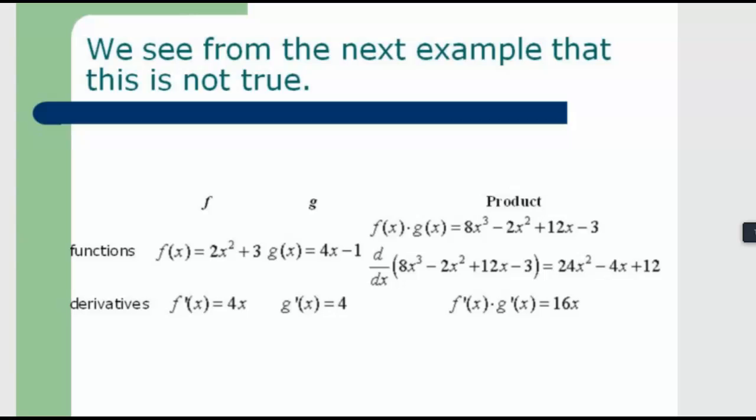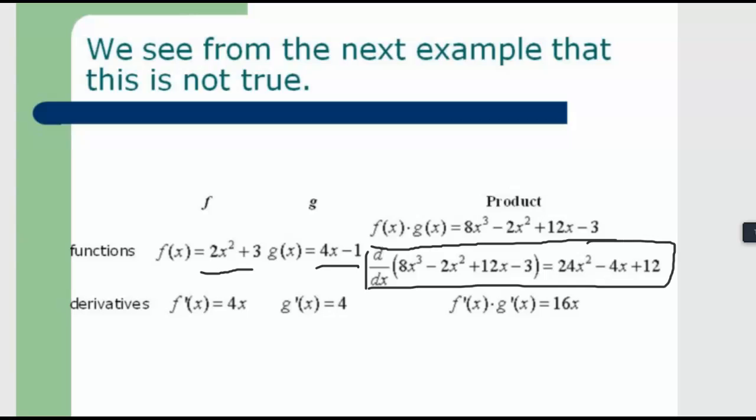So if f is a quadratic and g is linear, you multiply them together to get a cubic. So the derivative of a cubic should be a quadratic, but their derivatives are linear and constant to give you a linear. Does a linear function meet the qualifications of being a quadratic? No. So the correct answer was A.